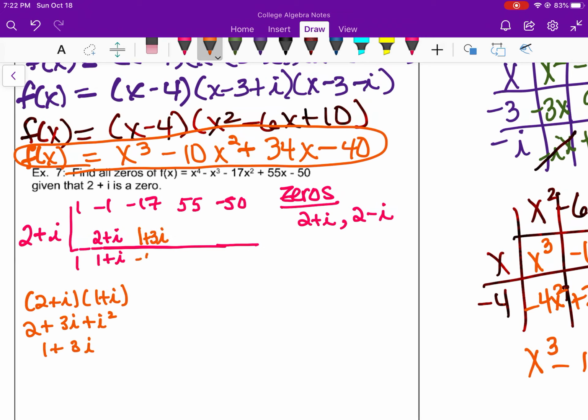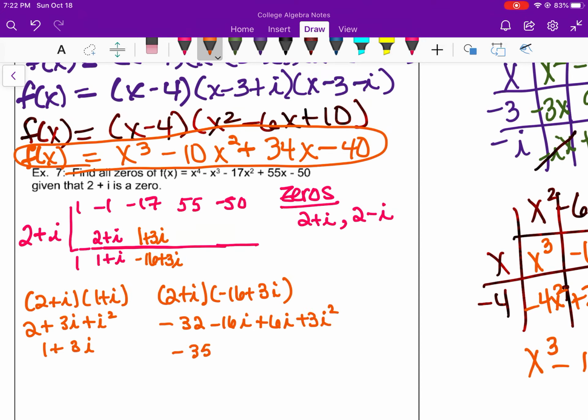That'll give me negative 16 plus 3i. Okay, so negative 32 minus 16i, 6i, plus 3i squared. That'll give me a negative 35 minus 10i.